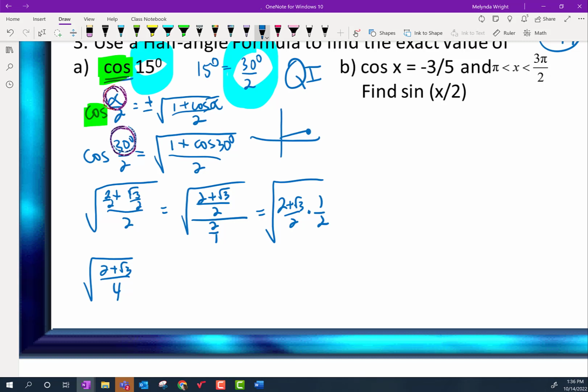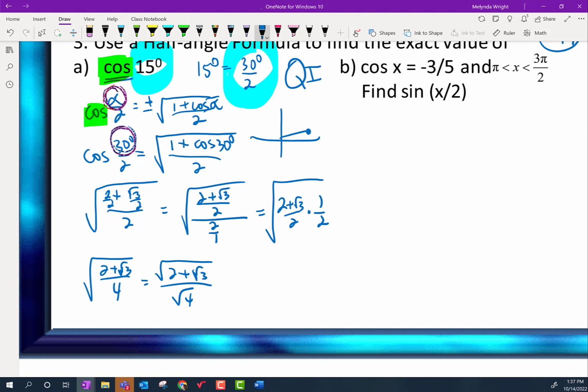Now I will tell you that the computer program that our book uses would not be happy with us putting it in like this. What they would want us to do is they would want us to split the radical into the numerator and the denominator. That's what they would want us to do.